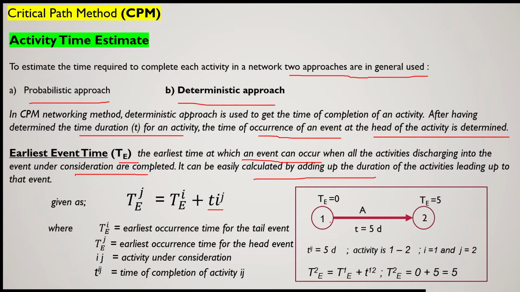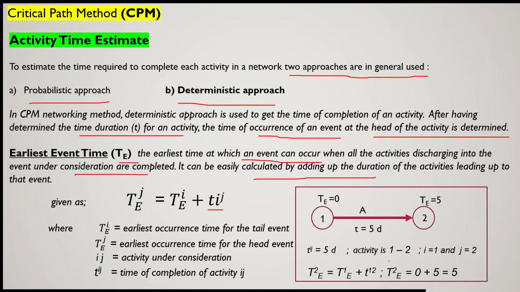That means if event number 1 is the starting event and event number 2 is connected to event number 1 by an activity which has to take 5 days for its completion, then the earliest event time of event number 2 will be 5. So Tij here we will write as 5 days.